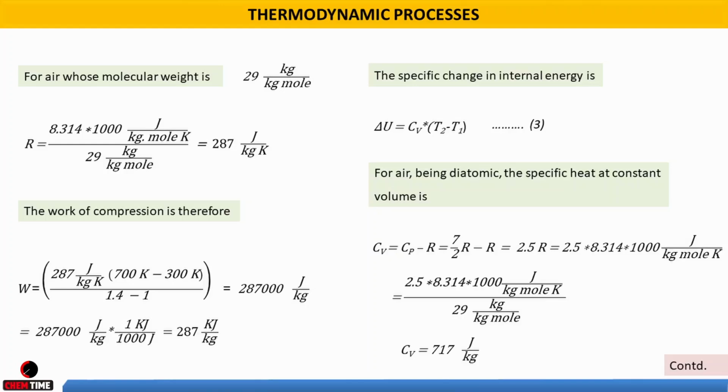R works out to be 287 joules per kg Kelvin. So the specific work of compression becomes 287 joules per kg Kelvin into (700 K, that is T2, minus 300 K, that is T1) by (1.4 minus 1), that is 287,000 joules per kg, that is 287 kilojoules per kg.